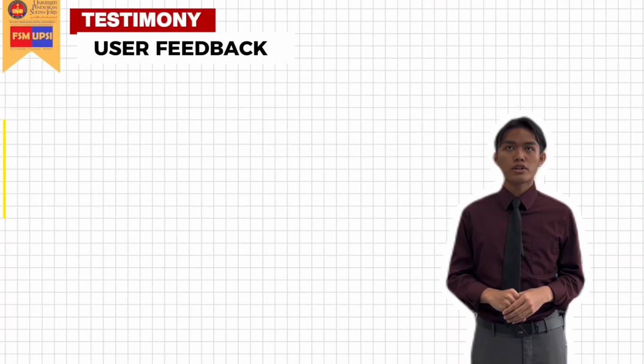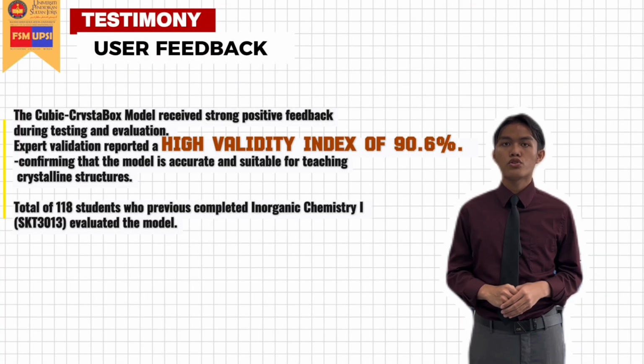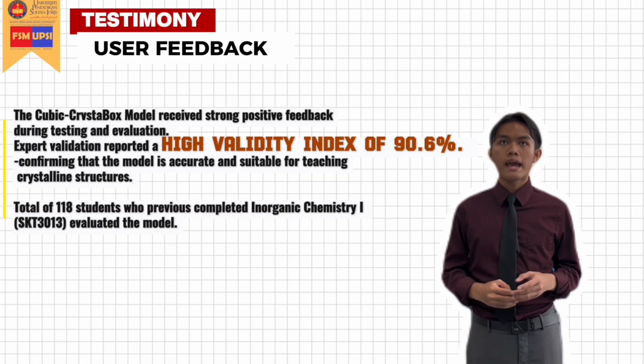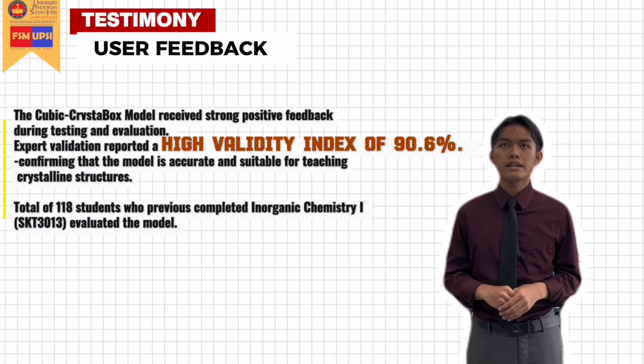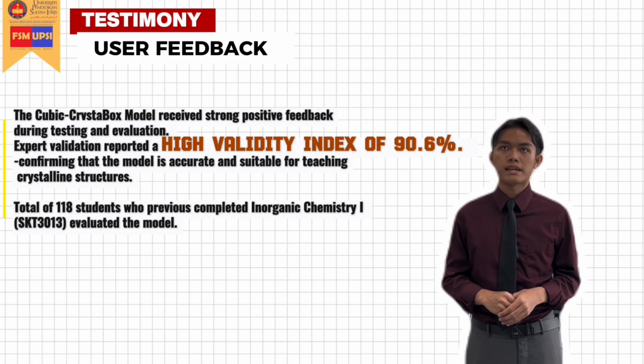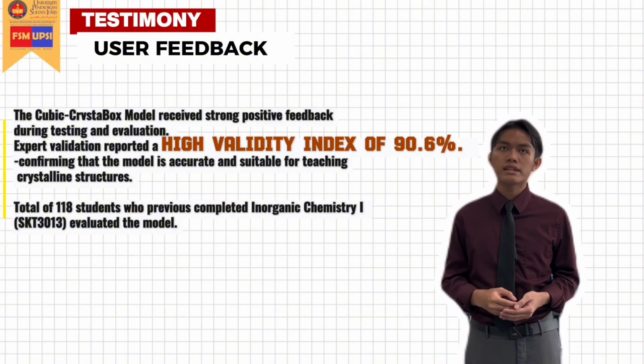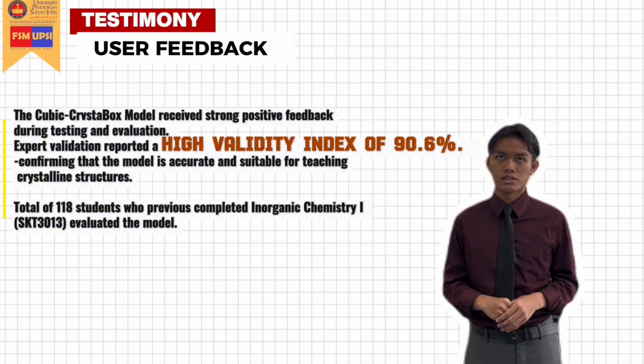The cubic Crysta box model received strong positive feedback during testing and evaluation. Expert validation reported a high validity index of 90.6%, confirming that the model is accurate and suitable for teaching crystalline structures.